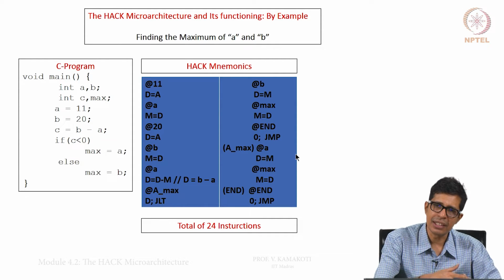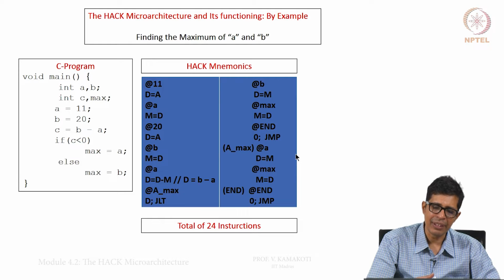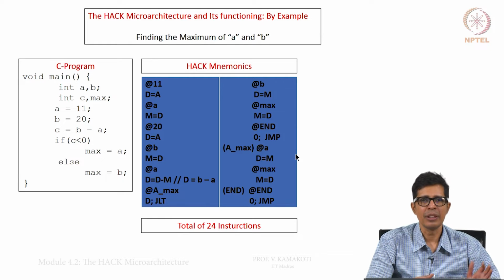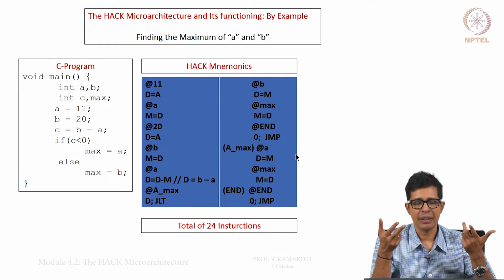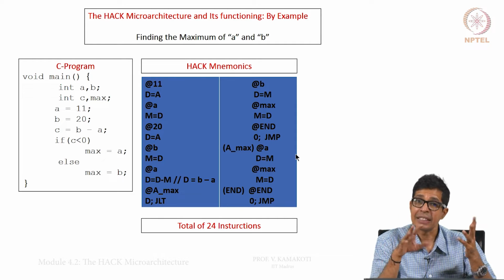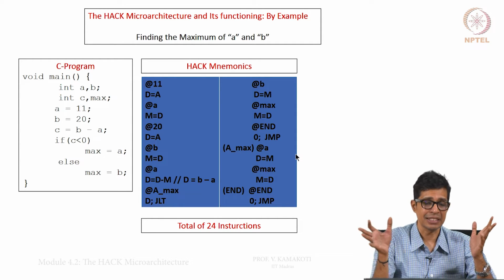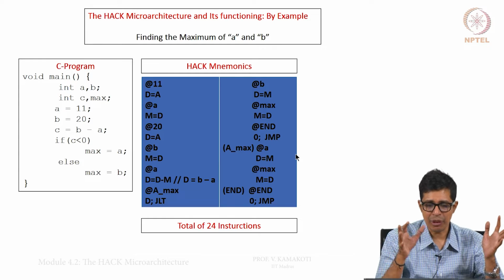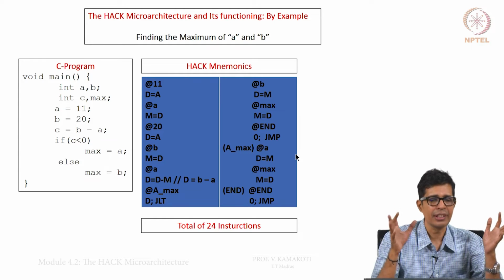Once that machine language, the zeros and ones, is available, how does the architecture take those zeros and ones and carry out the necessary action? That part we need to understand, and for that we will be using a set of slides.